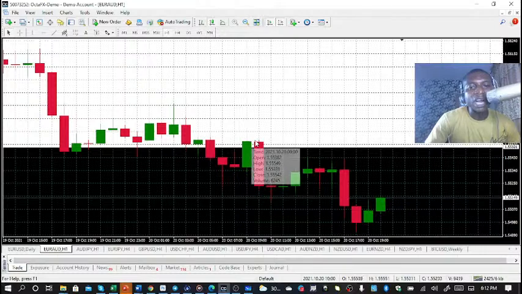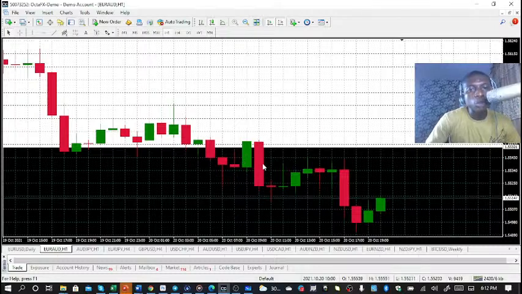So a bull candle will always open below and close above. But a bearish candle will open above and close below because it's falling. It will open above, fall, and close below. A bullish candle will open below, bounce up, and close above. I want to believe you understand that, right?